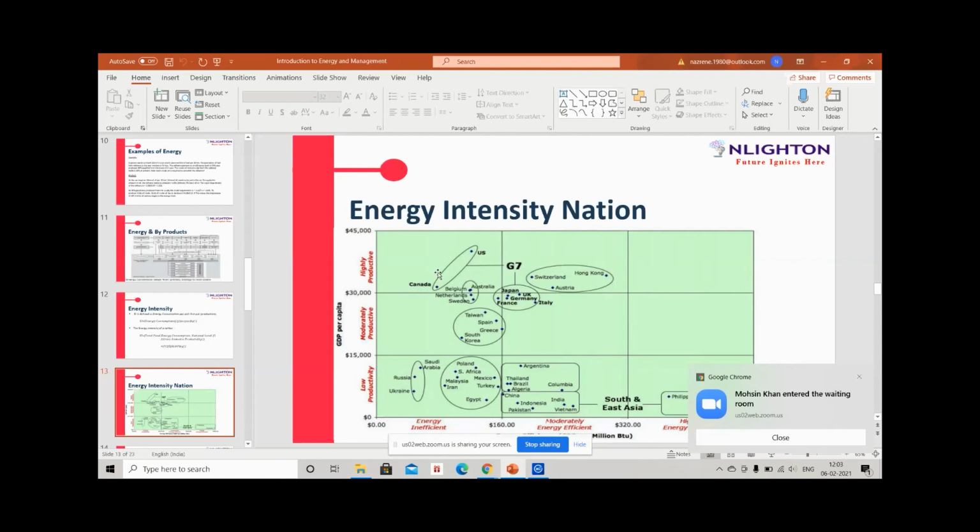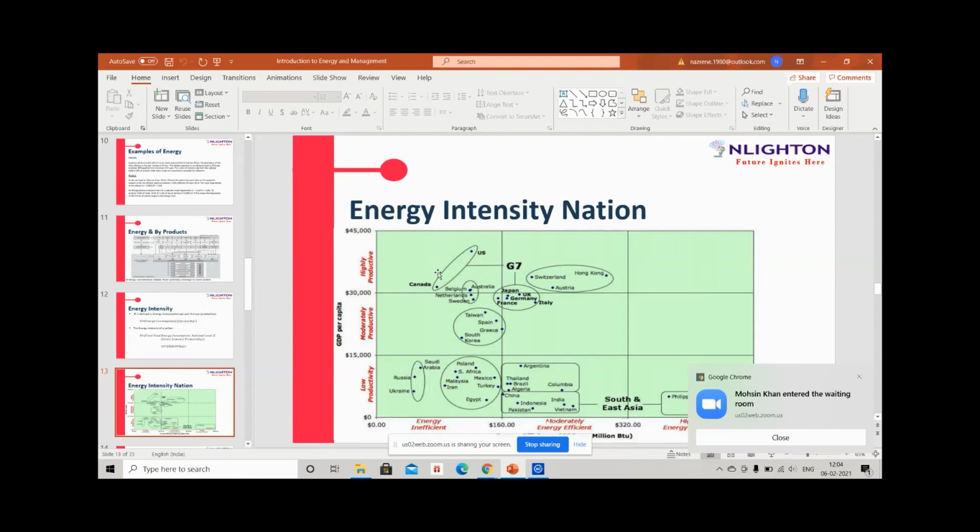Wherever the emissions are very high but petroleum products are effectively used at very low losses, those countries are rapidly growing nations. That is the reason the G7 plays a majority role in the world, and they are considered energy intensity nations.